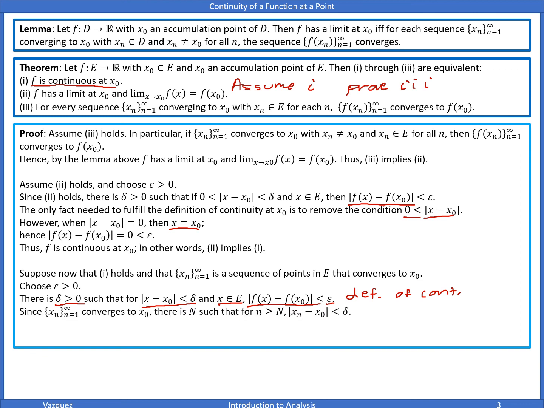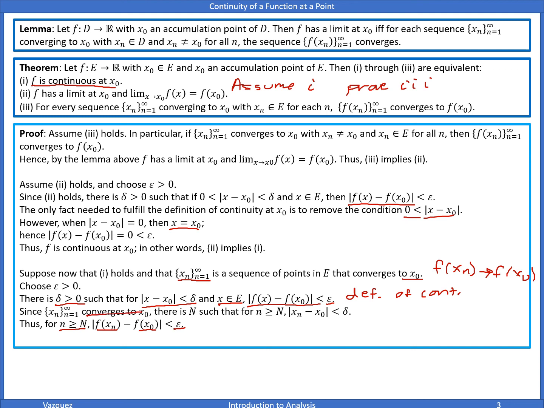Since x sub n converges to x naught, because we're supposing xn is a sequence of points that converges to x naught, we need to show that f of xn converges to f of x naught. For n big enough, f of xn minus f of x naught is less than epsilon. Now we're bringing in the definition of convergent sequences.